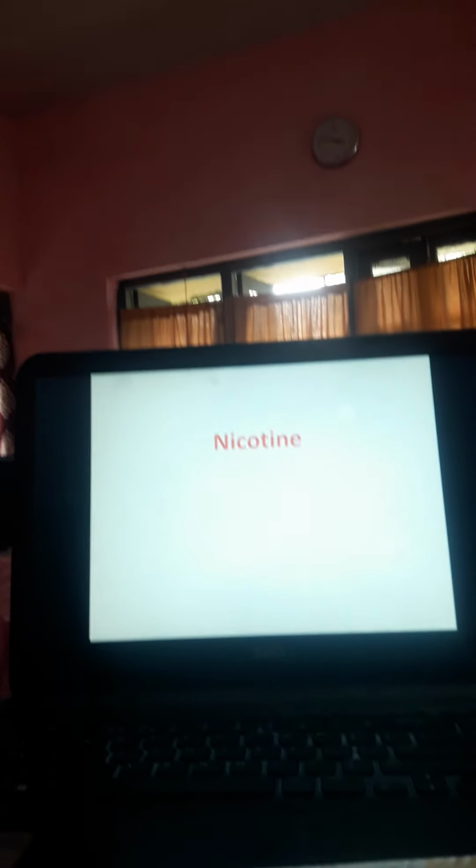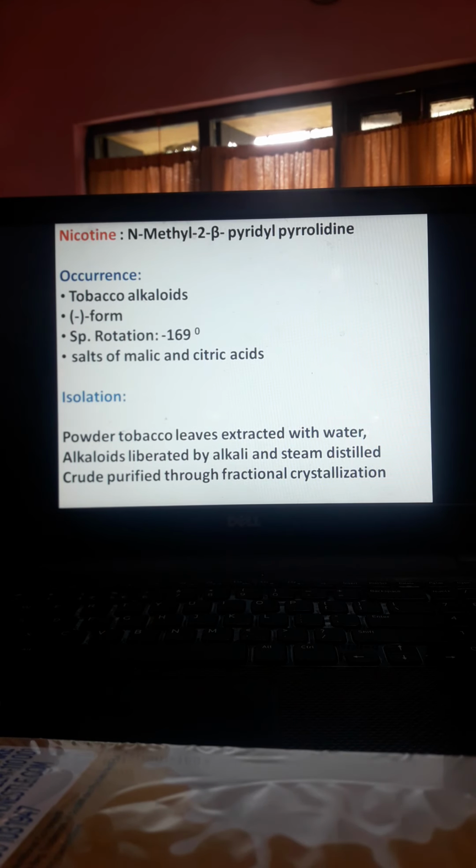So today we will deal with nicotine. It is also an alkaloid, and nicotine is the best known and most widely distributed of the tobacco alkaloids, right?